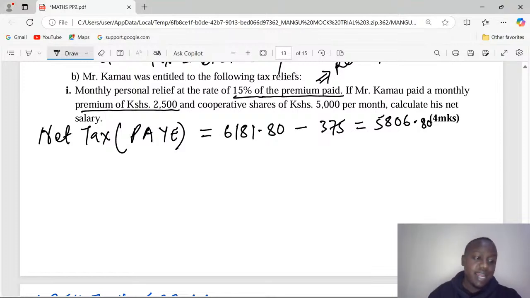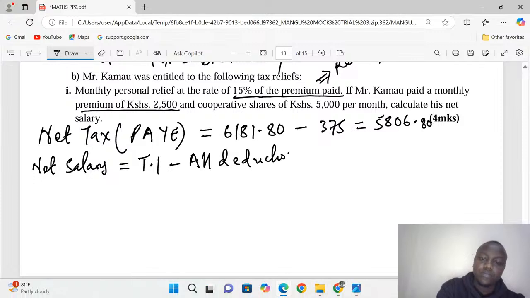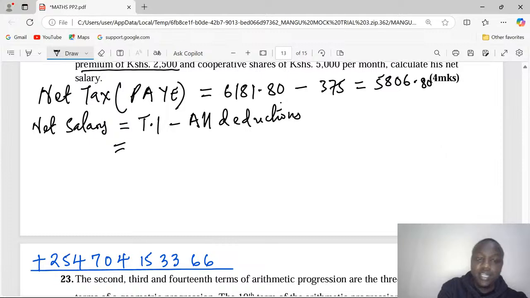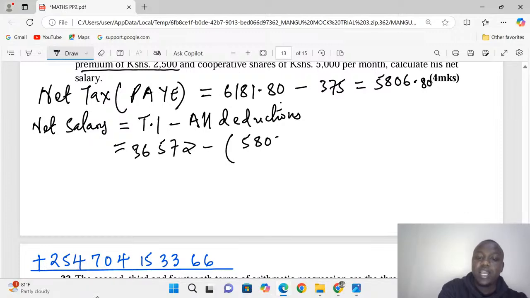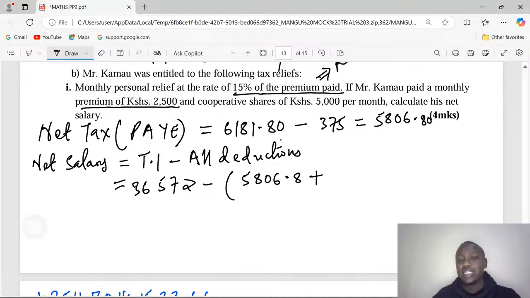Remember, the question is net salary. So for us to get net salary, we're supposed to take taxable income minus all deductions. Taxable income is known to be 36,572. Then we subtract all deductions. The first deduction is payee. On any individual's income, the first deduction is usually the payee. Then other deductions. Now, other deductions are the things that he pays.